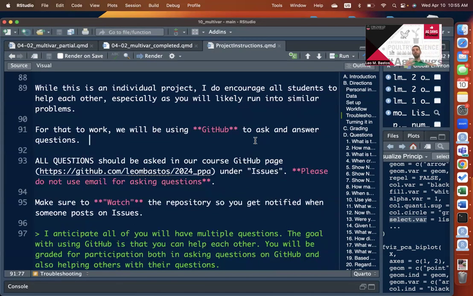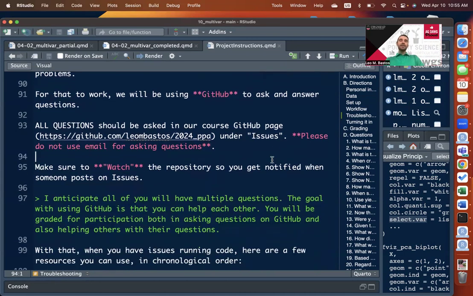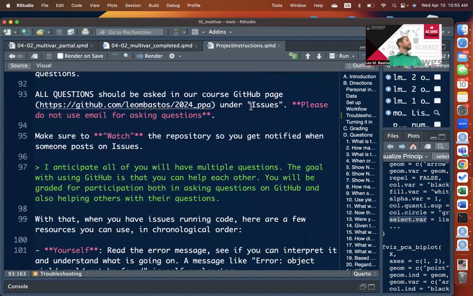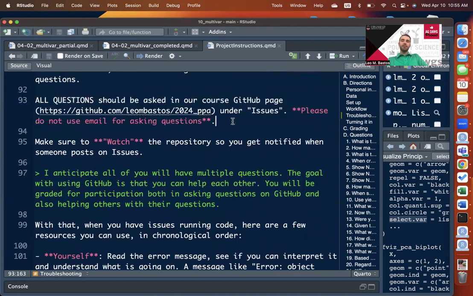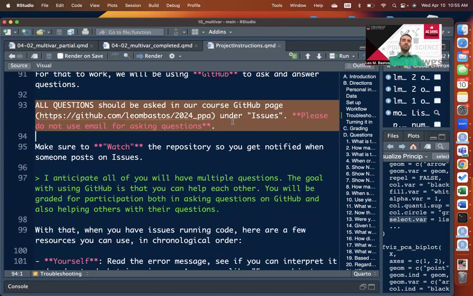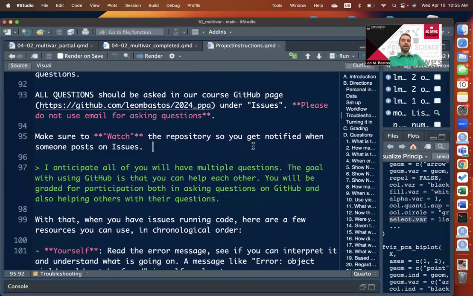I do expect you all to use issues a lot, both to ask questions, but also to help others and answer when someone has a problem that you know how to fix, right? I do not want you to email me with questions about the project unless they're very specific to you, like personal types of questions. Yes, you can email me for that. I don't want you to be posting sensitive information on issues on GitHub. But if it is about the project itself and code issues, do not email me. Use GitHub issues for that.